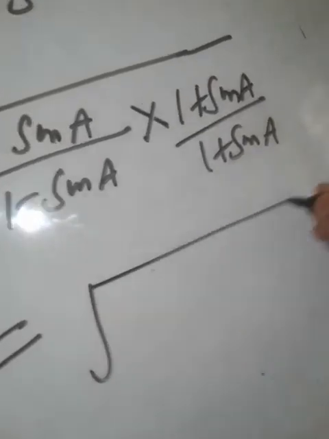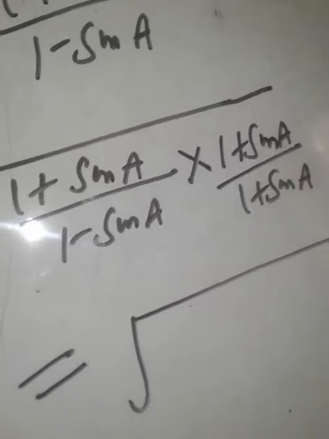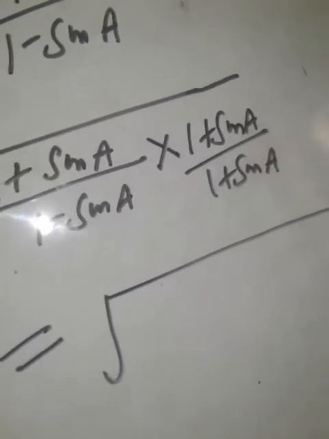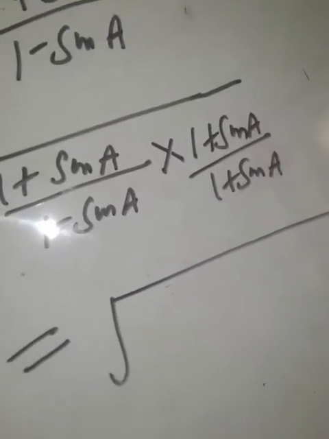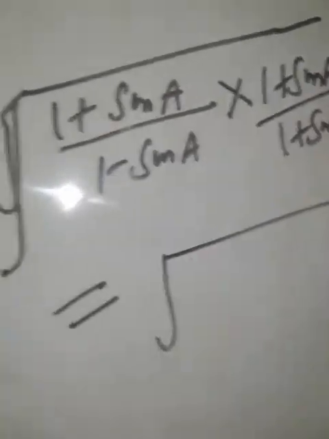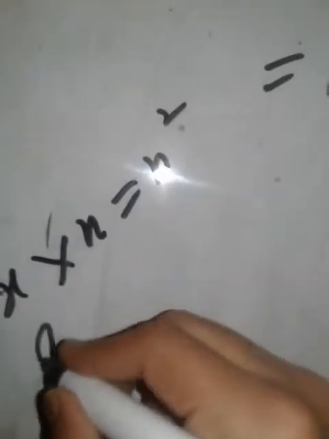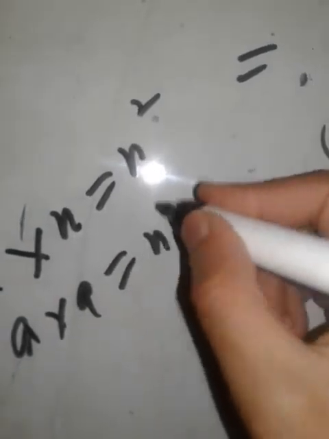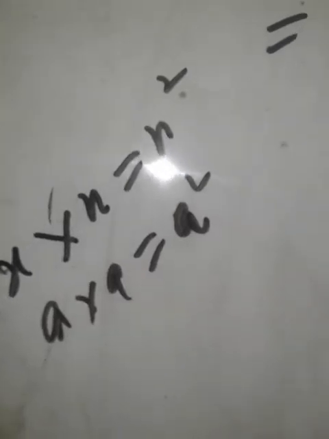So have a look. This is 1 plus sine a into 1 plus sine a. What is it equal to? If the same quantity is multiplied by itself 2 times, it is a square. For example, x into x is x square, a into a is a square, b into b is b square, y into y is y square.